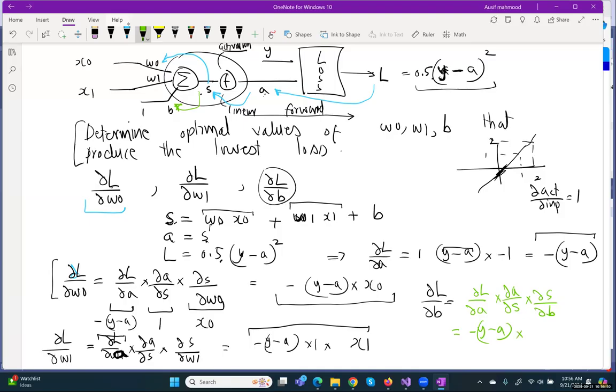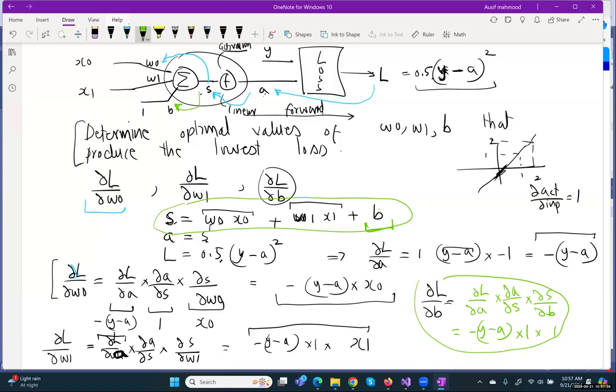Partial A over S, 1, S over B. So go to this term over here now, and only B will be treated as a variable. All others will be constant, meaning if they don't change, their contribution to the partial will be 0. So think of it as if we have S equal to B. Okay. So then what is change in S with respect to change in B? 1.